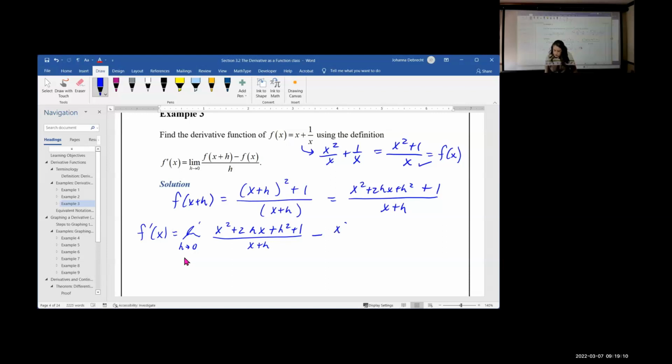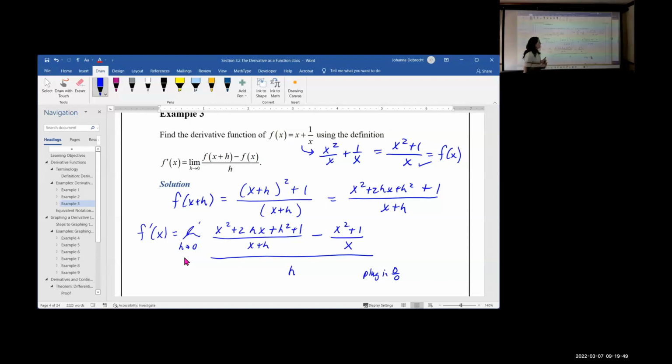So we get x squared plus 1 over x, all over h. Now, if we were to plug in h is 0, we're going to get the indeterminate 0 over 0 form. And you can kind of tell that just by looking. Anything with h would drop out and you get x squared plus 1 over x minus x squared plus 1 over x. So that goes to 0 and h goes to 0. So you'd have 0 over 0.